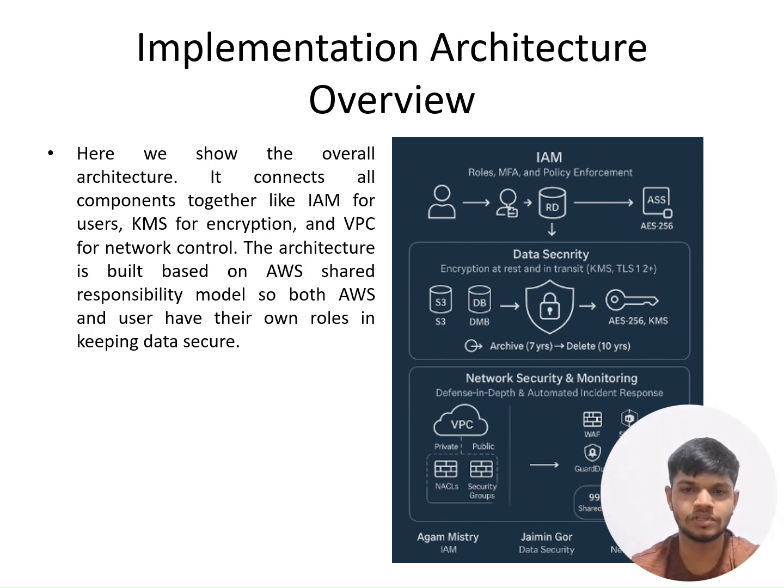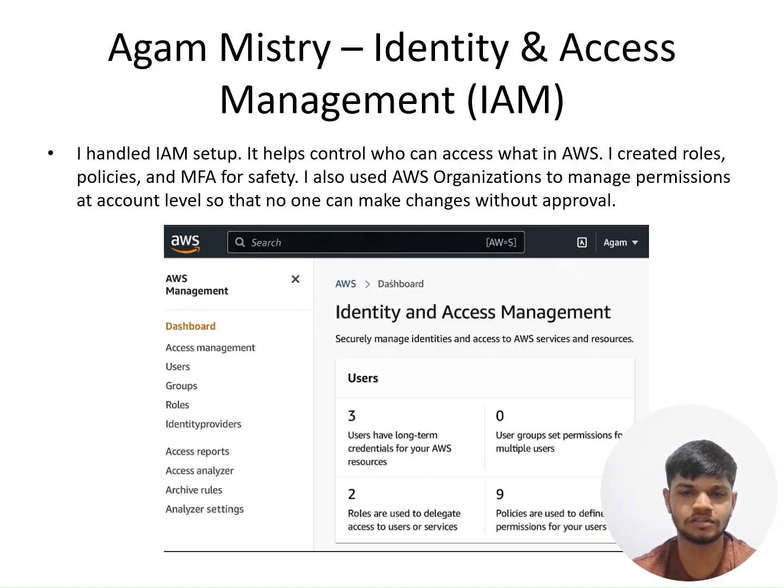Our design follows the AWS shared responsibility model, meaning AWS manages the physical and infrastructure level security, while we are responsible for securing access, data, and configurations within the cloud. This partnership ensures both compliance and operational safety for financial data and transactions.